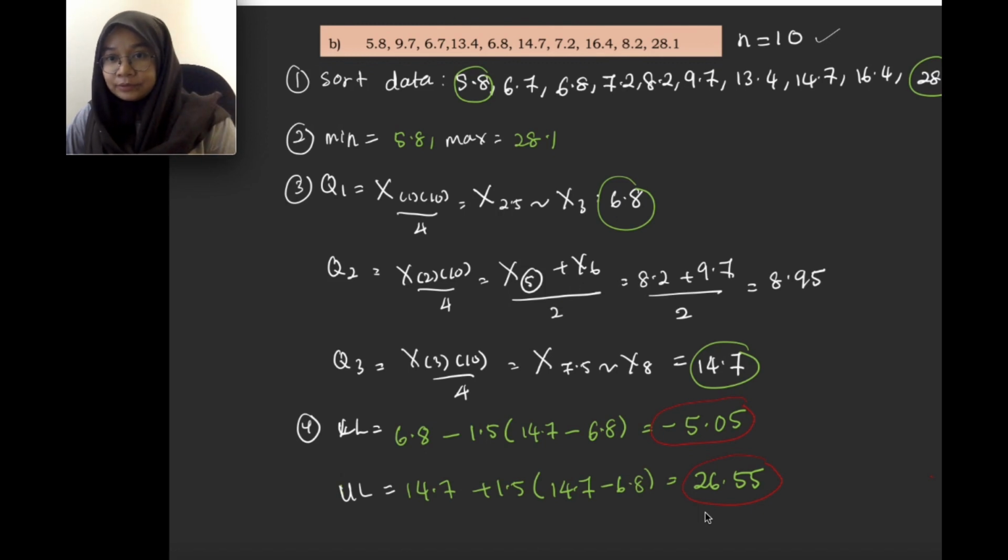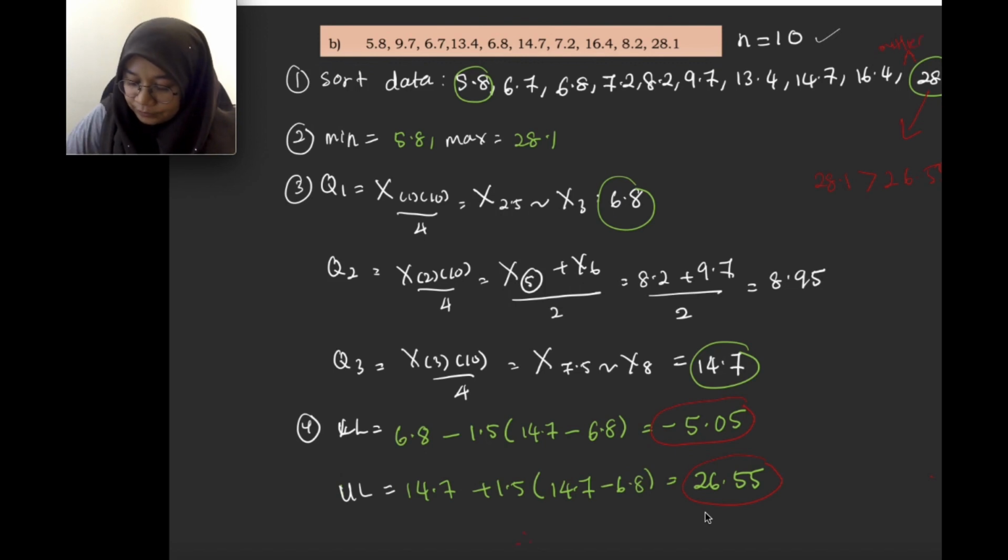Yes. We have data greater than 26.55. This 28.1 is greater than 26.55.